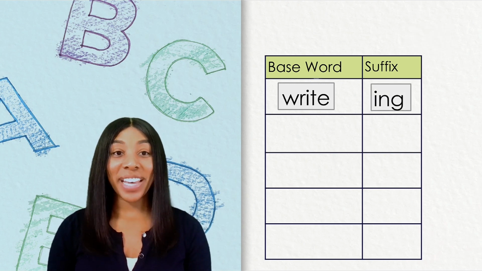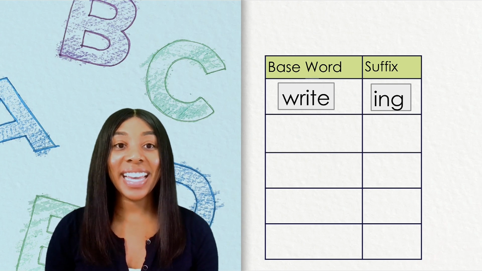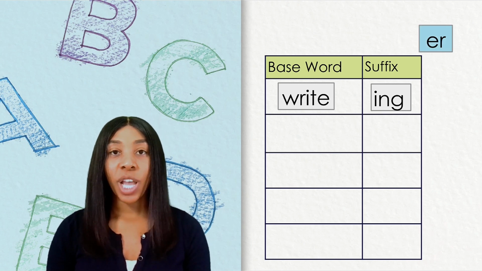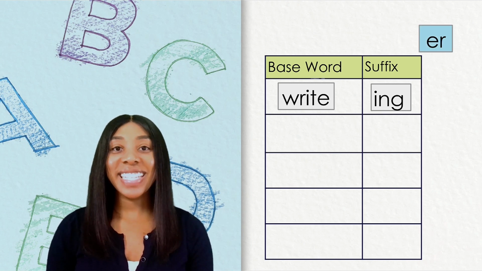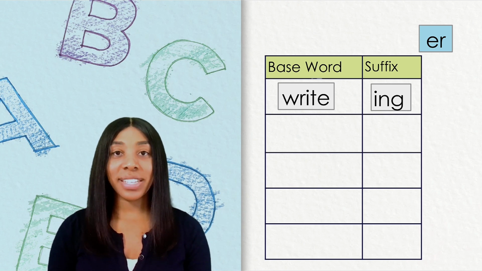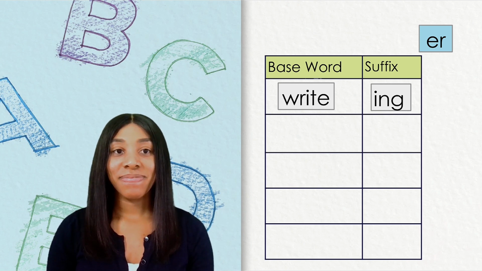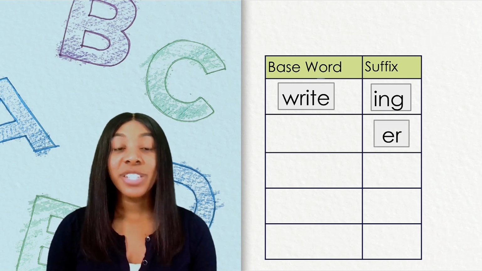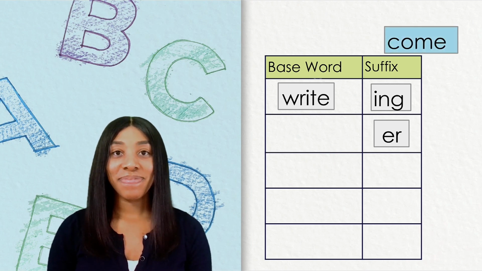Ing is a suffix. We can add it to the end of a base word to either mean action or process or again. Is this a base word or a suffix? We can add it to the end of a base word to change its meaning.